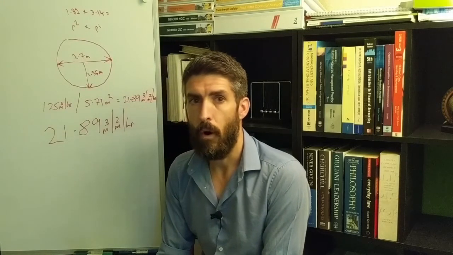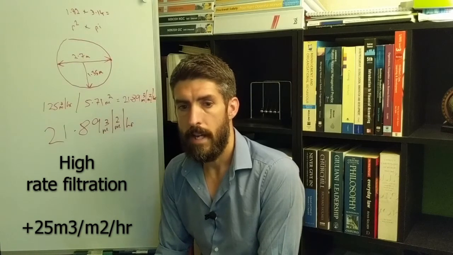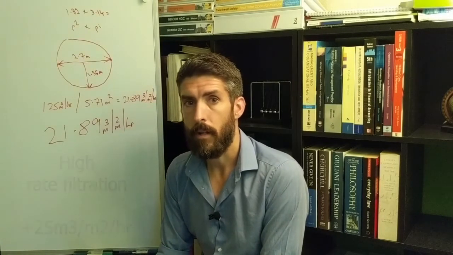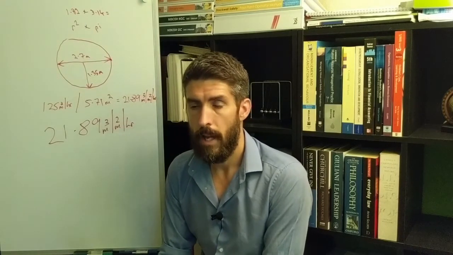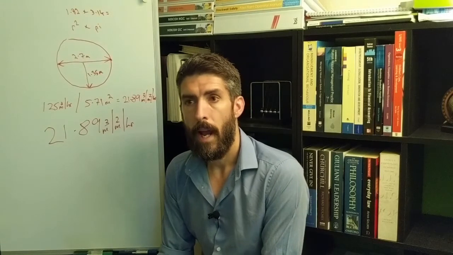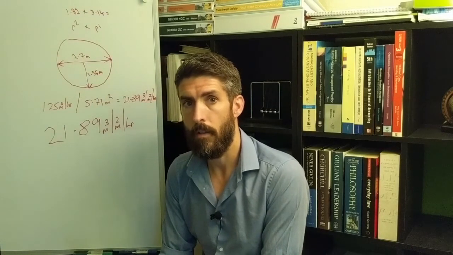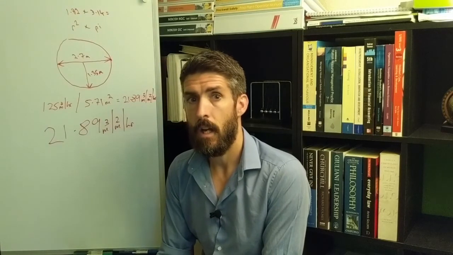Anything above 25 meters cubed over meters squared per hour is referred to as high rate filtration, and that's not recommended because the velocity of water going through the filtration system is simply too quick. The thing with filtration is the slower the rate of filtration, the more effective it is.